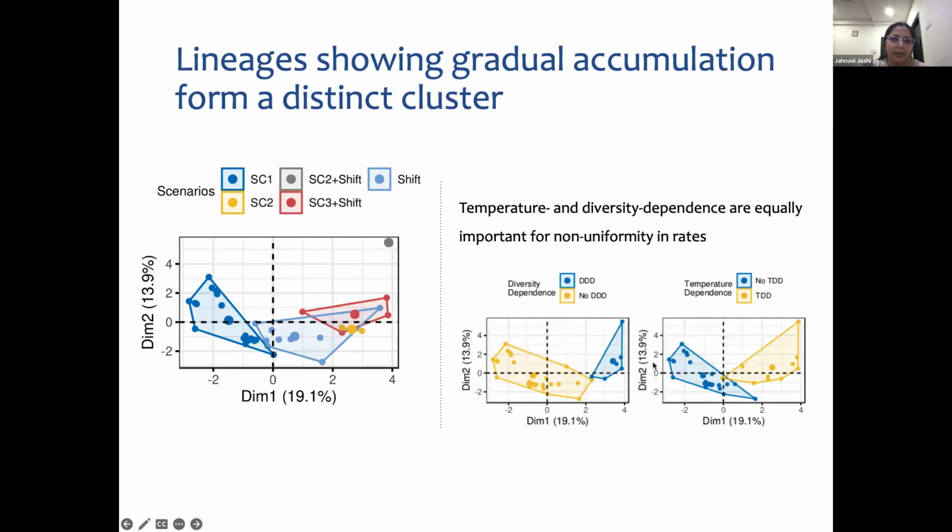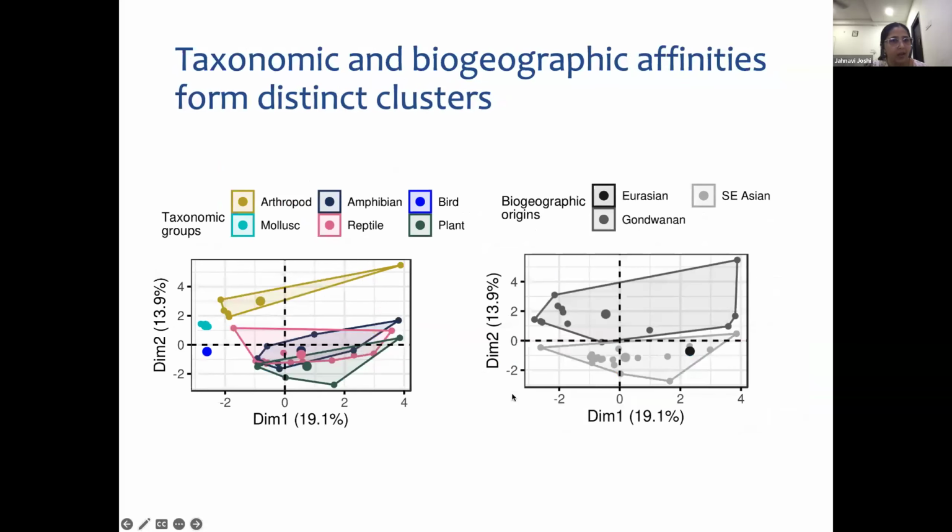And within the temperature and diversity dependent, they form very distinct clusters. Also, if you think about taxonomic identities, soil arthropods and mollusks are very well separated from amphibians, reptiles, birds, and plants, which form one cluster. But interestingly, Gondwana and Asian elements are separated largely on dimension 2, which is the lineage identity, as we saw earlier as well.